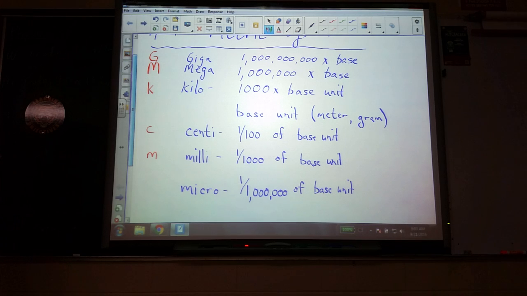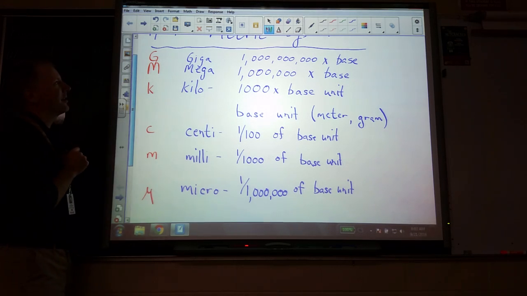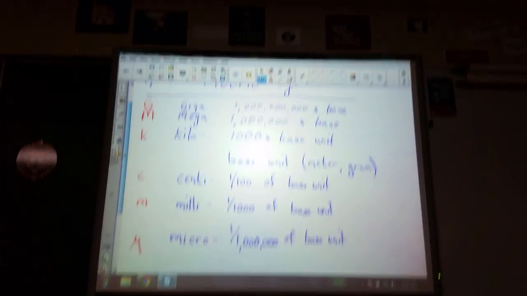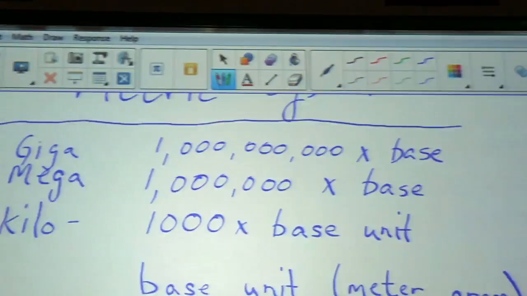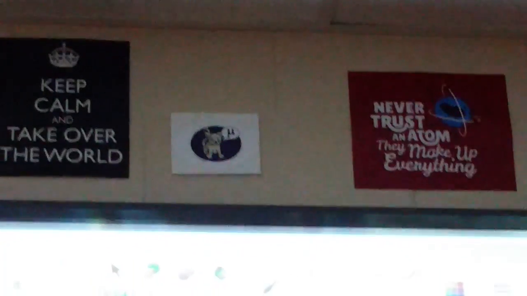And that leaves our little friend micro. And we've already used both of them. It's not a capital, it's actually the lowercase, but it is fancy. It's like that. It's actually the Greek letter. If you look right above the board, you can see a little kitten. What sound does a kitten make?